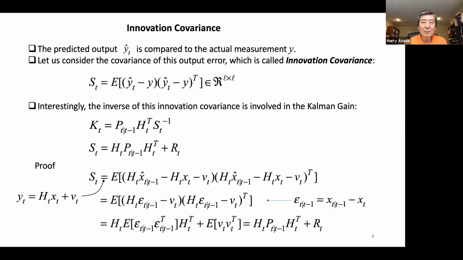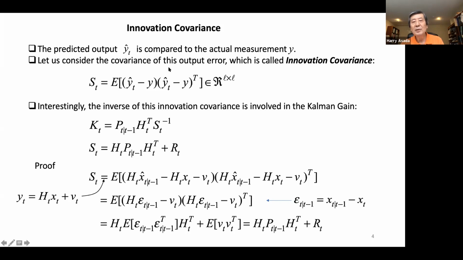Now, I have a couple of important points which we did not discuss last time, but which turn out to be important. One is the so-called innovation covariance. The key part is we predicted the output y hat t, and this is compared against the actual measurement yt.